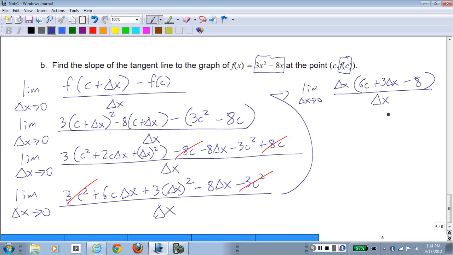So we divide the 6c delta x by delta x, divide 3 delta x quantity squared by delta x, divide 8 delta x by delta x, and we have the trinomial in the parentheses. Divide out the delta x's.